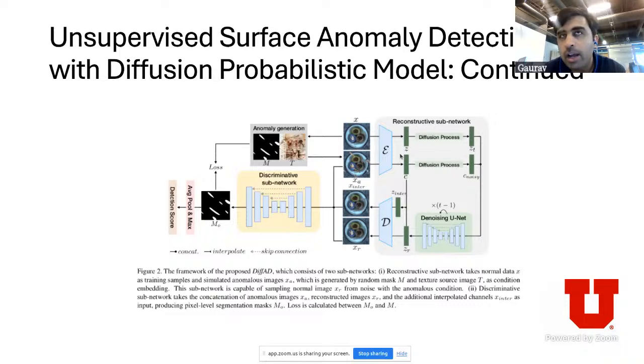Now, at testing time, the condition vector would correspond to the latent vector of the input image. It's passed through the diffusion process, Z_T C noisy, and the same process is followed to produce the intermediate channels.